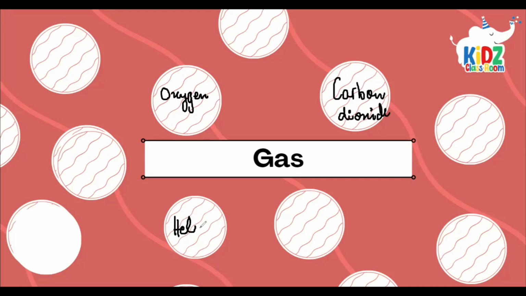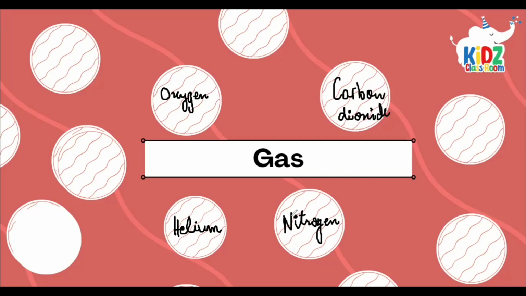It is a gas. You can find it in balloons. Then what else? Nitrogen gas. There are many gases. Even in the air you breathe, there are many gases mixed up. However, we cannot see them.